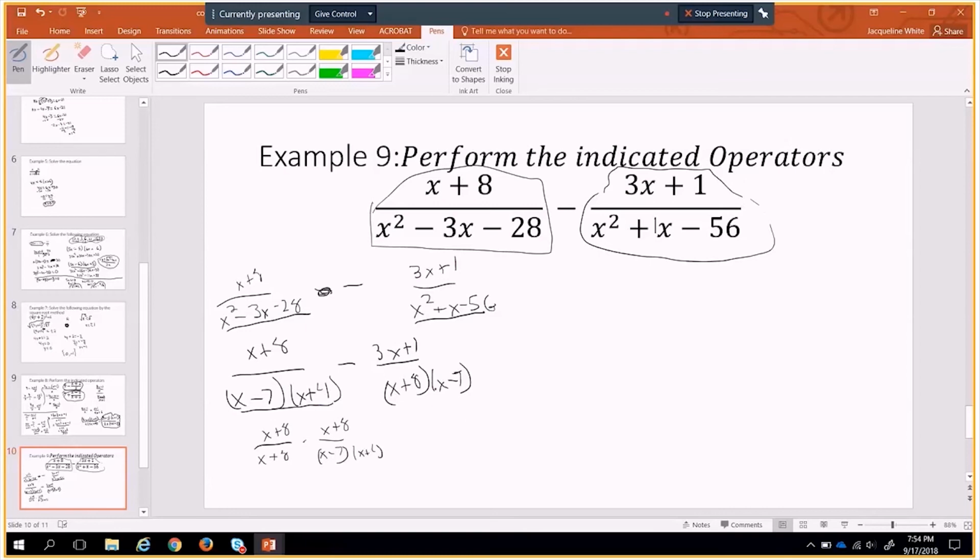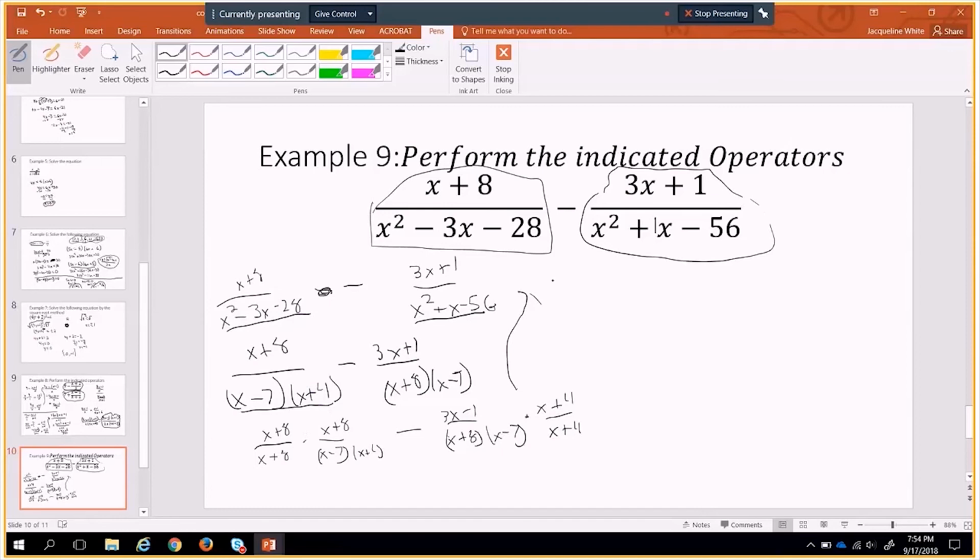So on this side, what do we want? We have an x plus 8 and an x minus 7. The only thing we're missing is an x plus 4. So we multiply 3x minus 1 over x plus 8 times x minus 7 times x plus 4 over x plus 4. Moving on over here, we multiply the numerators.